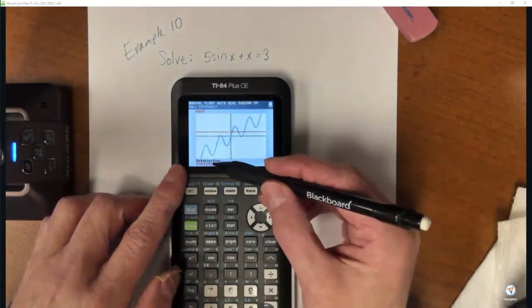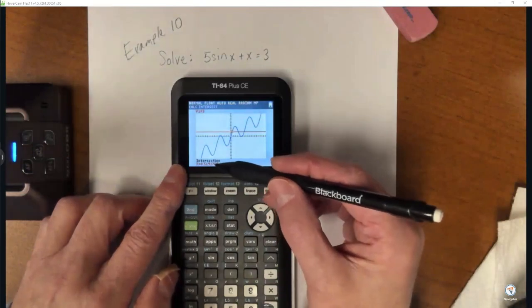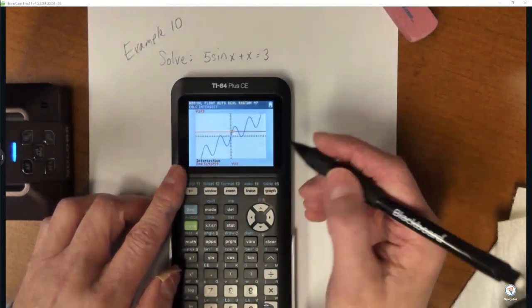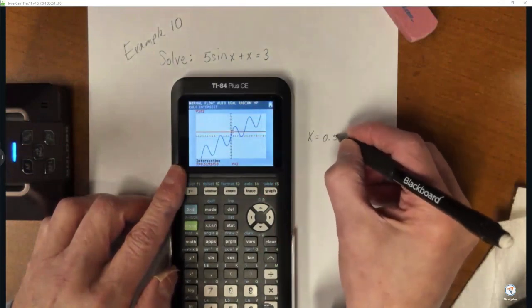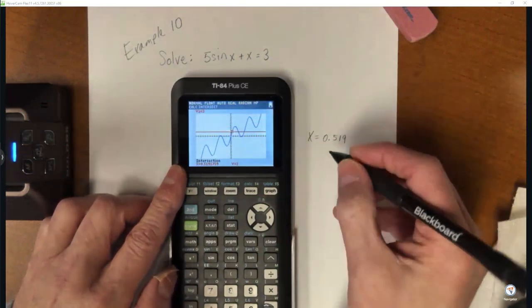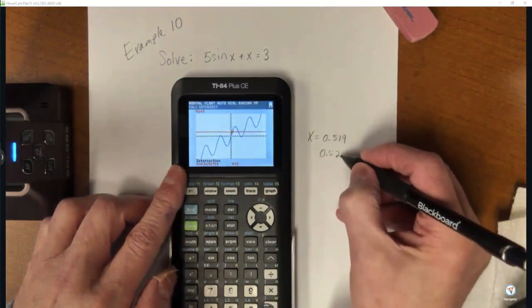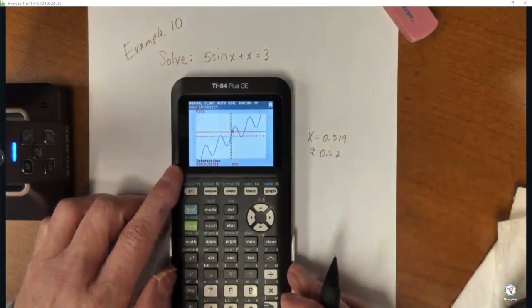Okay, so it says the x, and remember x is our angle in radians. So x is equal to 0.519, or 0.52 if we're rounding to 2 places.